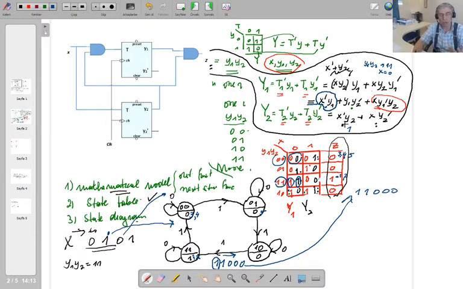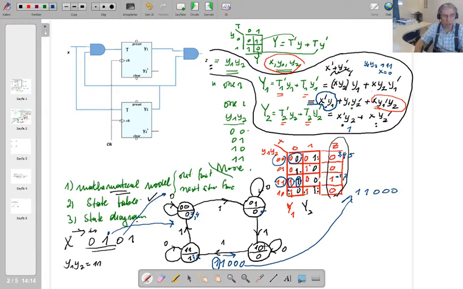Then the conclusion is this. If you are doing the analysis of a given small circuit, like here, the best model to be used is the state diagram. If your circuit is complicated, then the state diagram is going to be more complicated indeed. That means drawing the state diagram takes quite a long time first.